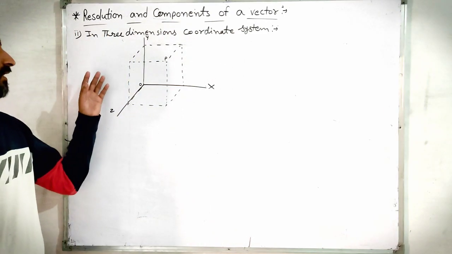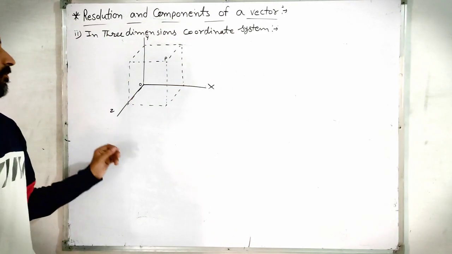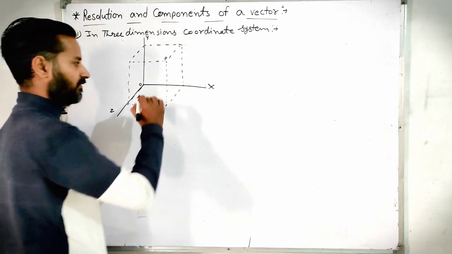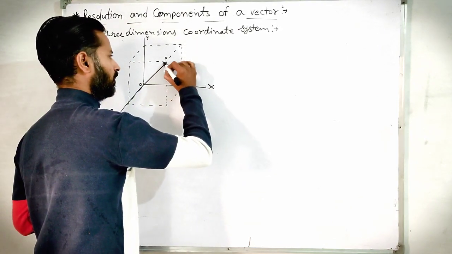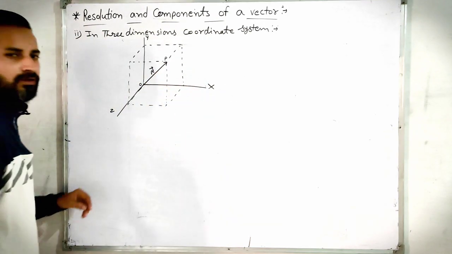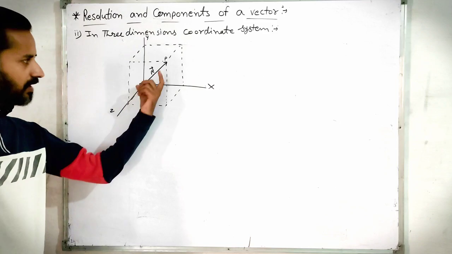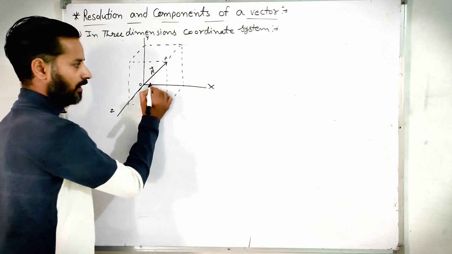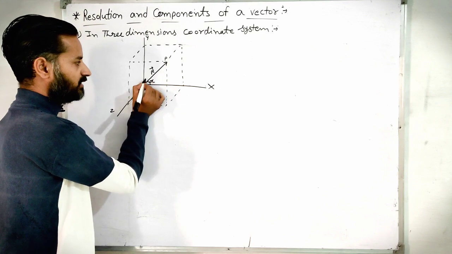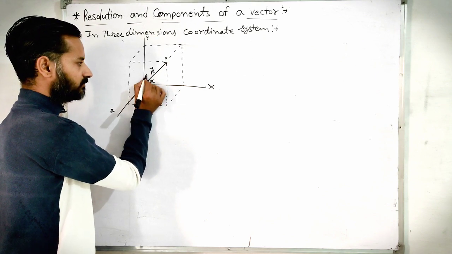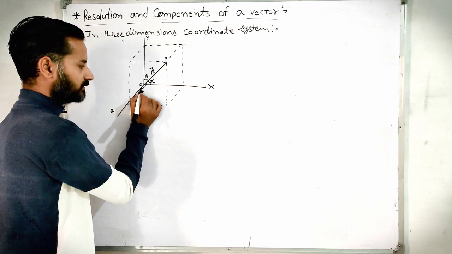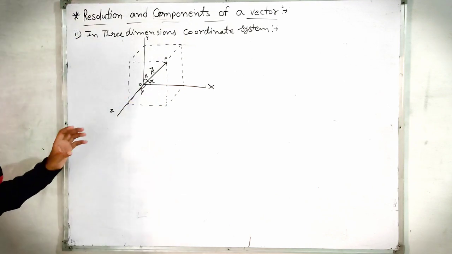Now we will find the components of the vector in a three-dimensional coordinate system. Let we have a vector OP of value r vector, and this r vector makes angle alpha with the x-axis, beta with the y-axis, and gamma with the z-axis.